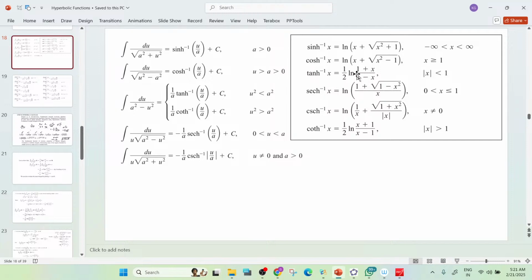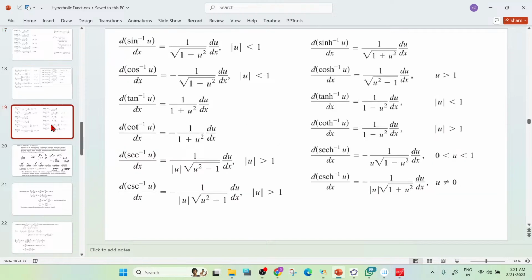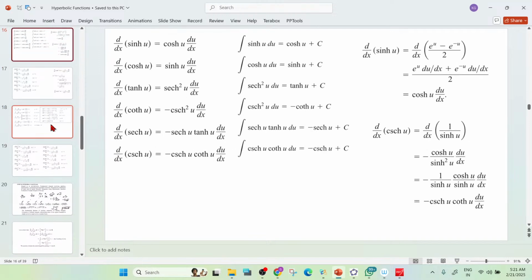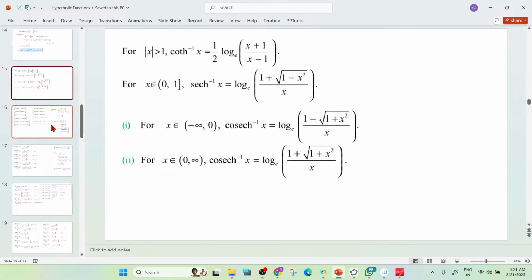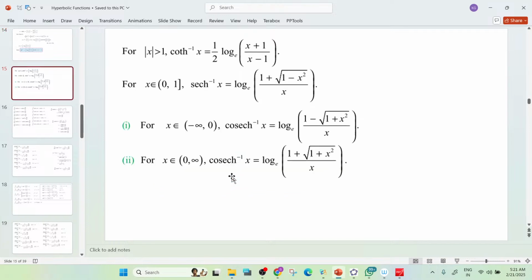You remember this one? We did all the inverse functions, right? See here, this one. Tan h inverse x is half log 1 plus x by 1 minus x. You remember this, no? What is cot h inverse x?